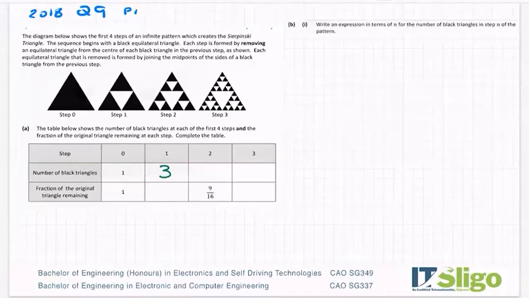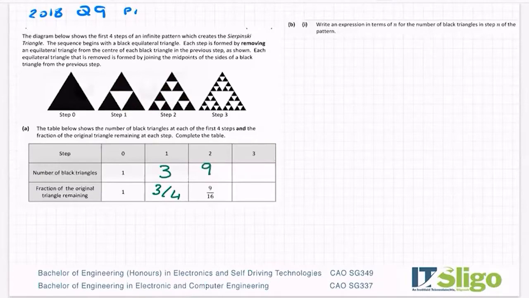Well, you've broken it up into quarters when you did this. You have 1, 2, 3, 4 quarters. You've taken this one out, so I'm left with 3 quarters. Okay, step 2, number of black triangles: 1, 2, 3, 4, 5, 6, 7, 8, 9. So it's 3 for every original, so 3, 6, 9.